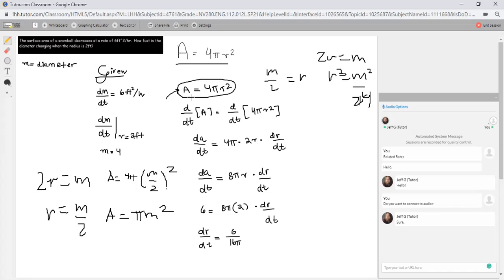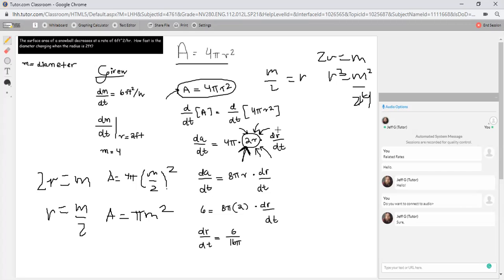Just before we proceed here, would it work if I were to put m here, perhaps? Right there. Yeah, except we still have dr dt over here.